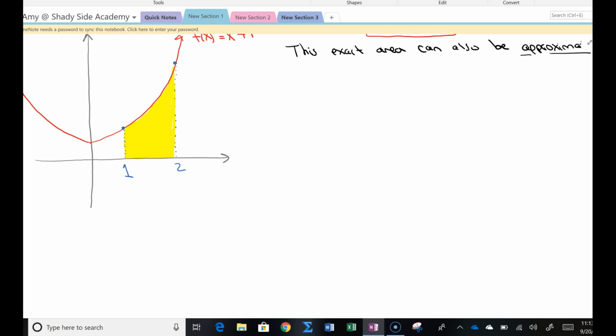Let's say that I want to have 4 rectangular intervals, and I want their widths to be the same.